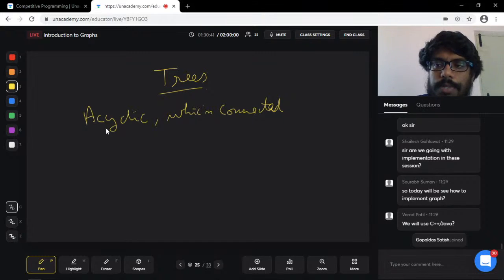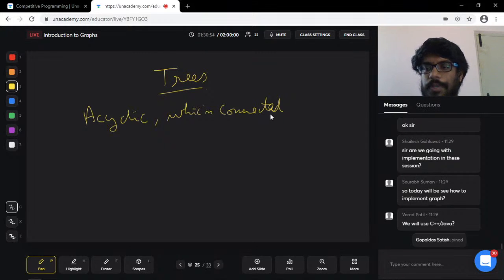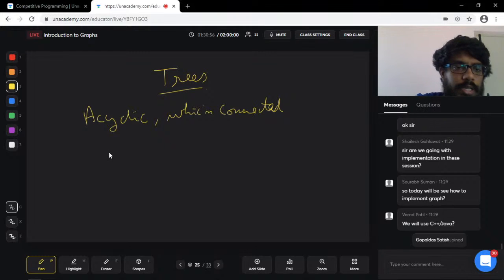Let's remind ourselves of the definition of acyclic. What is acyclic? Just a graph in which there are no cycles, right? And what is connected? A connected graph is a graph in which any two vertices have a path between them, right? So usually a tree will basically look like this.